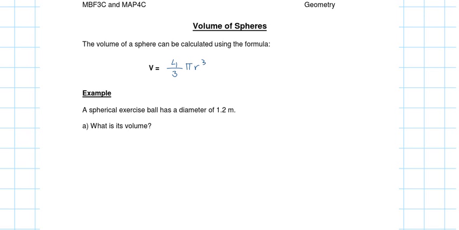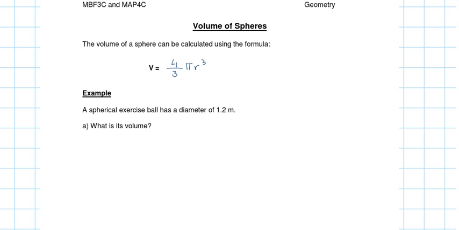It's only the radius of the sphere that you need to know to find the volume. There's no height, there's nothing else, because the radius is from the center to the outside, which is the same everywhere you go on a sphere.